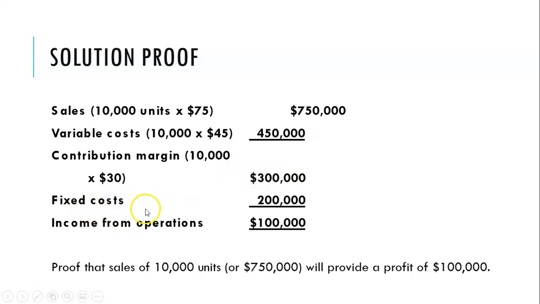We subtract out our fixed costs, which were $200,000, and that gives us our desired target profit of $100,000. So we have proven that the 10,000 units or $750,000 in sales will provide us a target profit of $100,000.